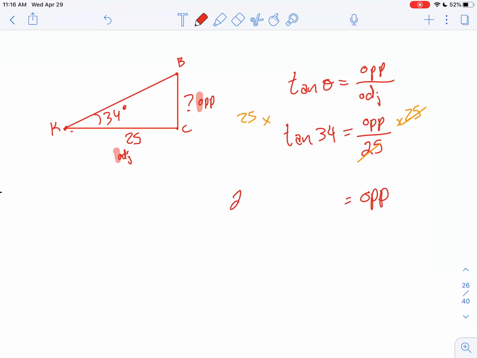And on this side, we've got 25 times tan of 34 degrees. So we can solve for this one, and we can say that's 25 times tan 34 is equal to approximately there. Pull out your scientific calculator, make sure you're in degrees, 16.86 meters.